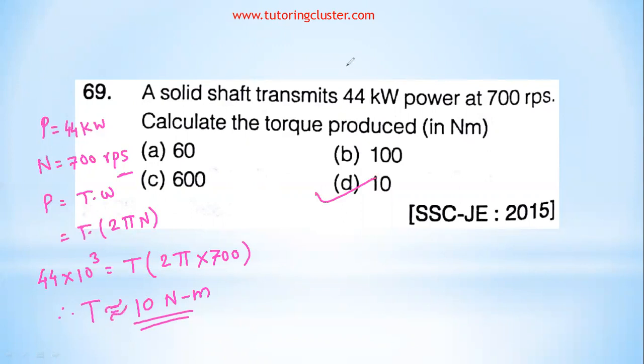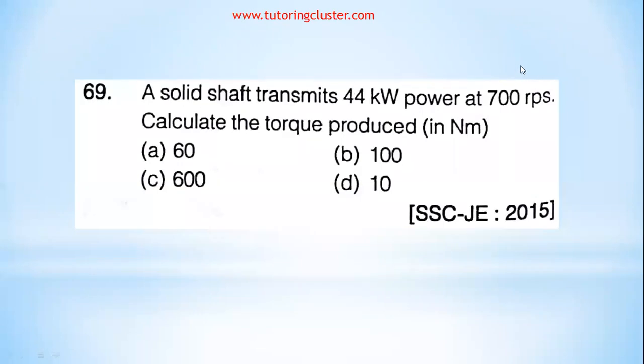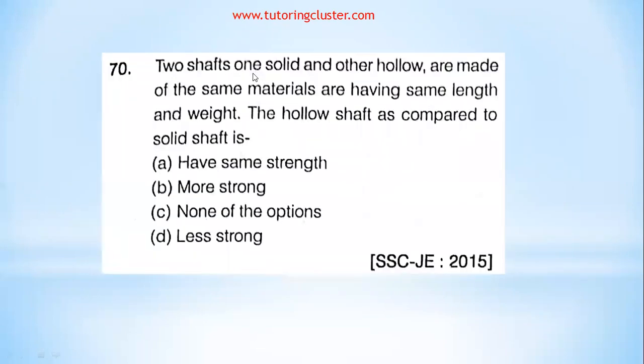Next. So the last question we will see from this part, number 3. Two shafts, one solid, another hollow, are made of the same material having the same length and weight. The hollow shaft as compared to the solid shaft has the same strength, more strong, none of the options, less strong.